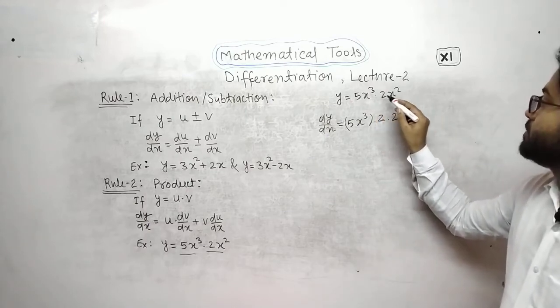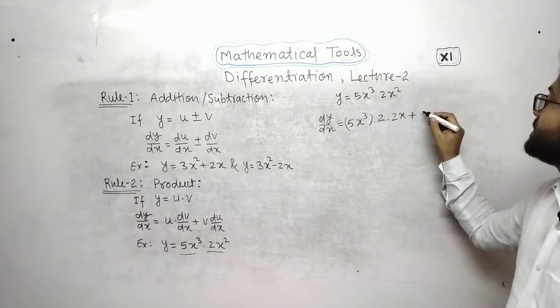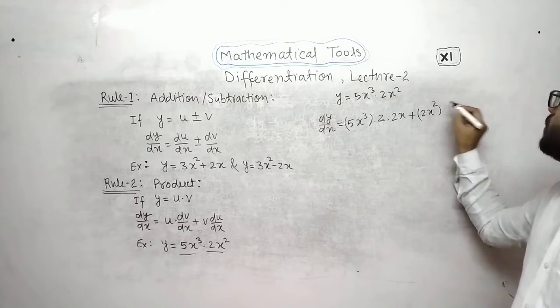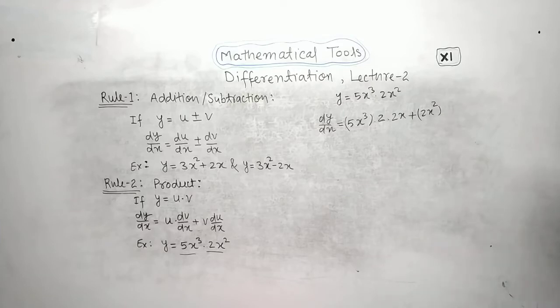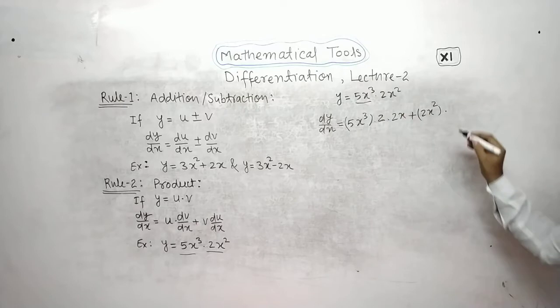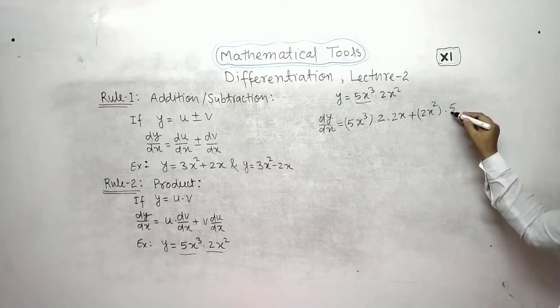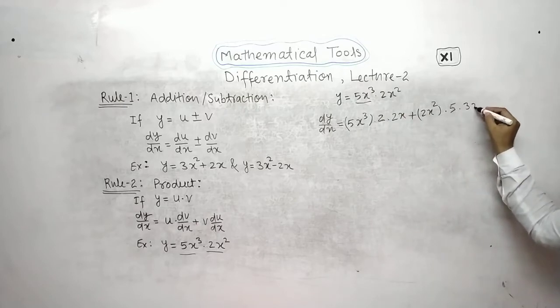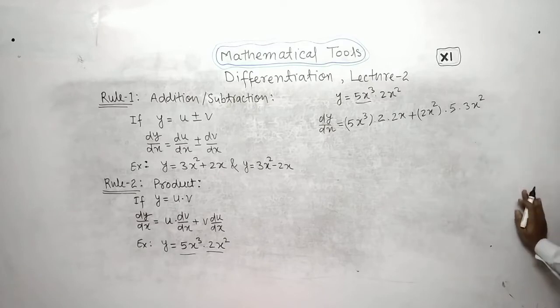the second function as it is, 2x square as it is, and the differentiation of the first function, that means 5 as it is into 3x to the power 3 minus 1, that is 2.